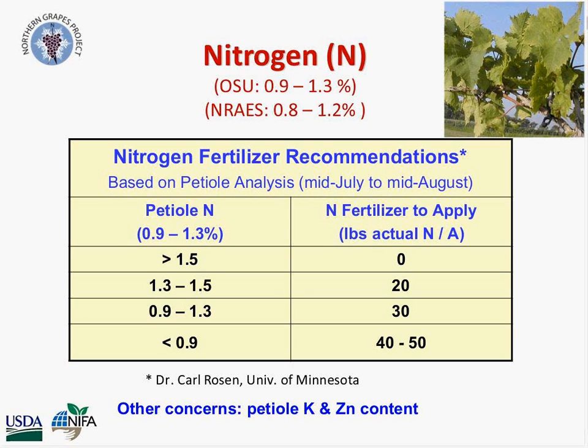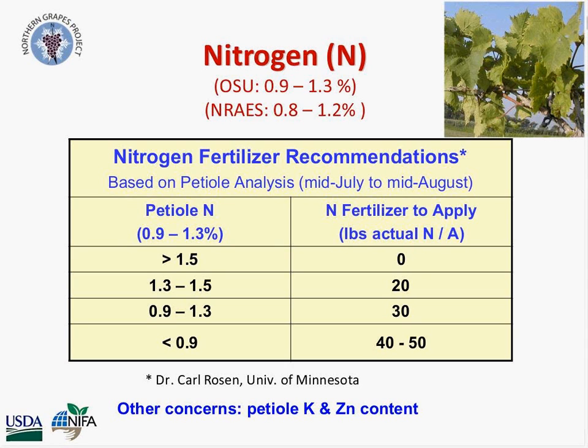If you're above 1.5% petiole nitrogen, then don't apply any. If you're in the 1.3 to 1.5% level, 20 pounds of actual nitrogen per acre. The 0.9 to 1.3 is the normal expected range, 30 pounds of nitrogen per acre, and then if you're below that 0.9, 40 to 50 pounds of nitrogen.